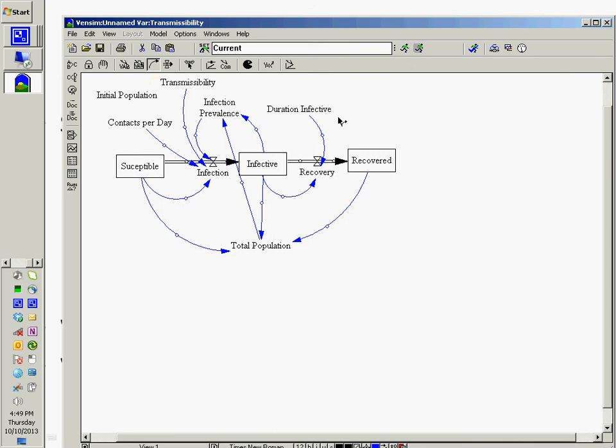So what is the difference between transmissibility and force of infection? Who could tell me what's the difference between transmissibility here and force of infection? Can anyone else say? Transmissibility is just if you come in contact with somebody, what's the chance of getting it? It doesn't include how many people you're contacting a day and how many of those people are infected. Exactly. So if there's nobody infected, there's still a transmissibility.